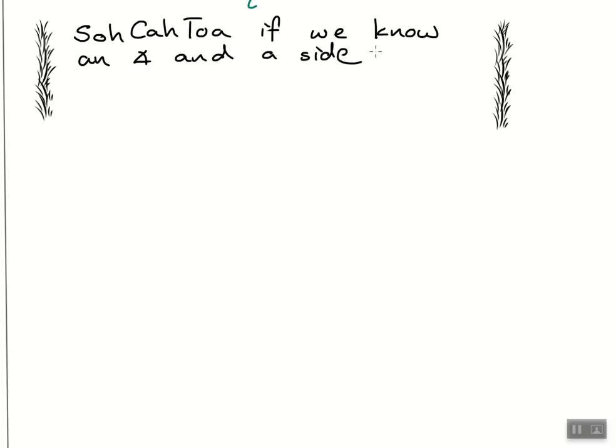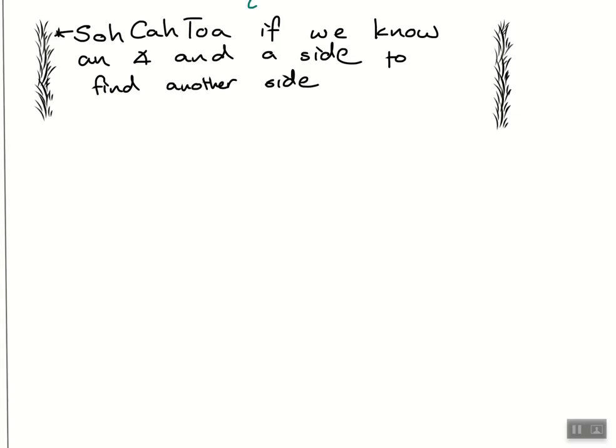Specifically, if I have a given angle, like I know the number, and I know a side, I can then find the length of another side. Do you guys agree with that? So SOHCAHTOA, if we know an angle and a side, to find another side. There's nothing new out of this. SOHCAHTOA gets used to find the side of a triangle.